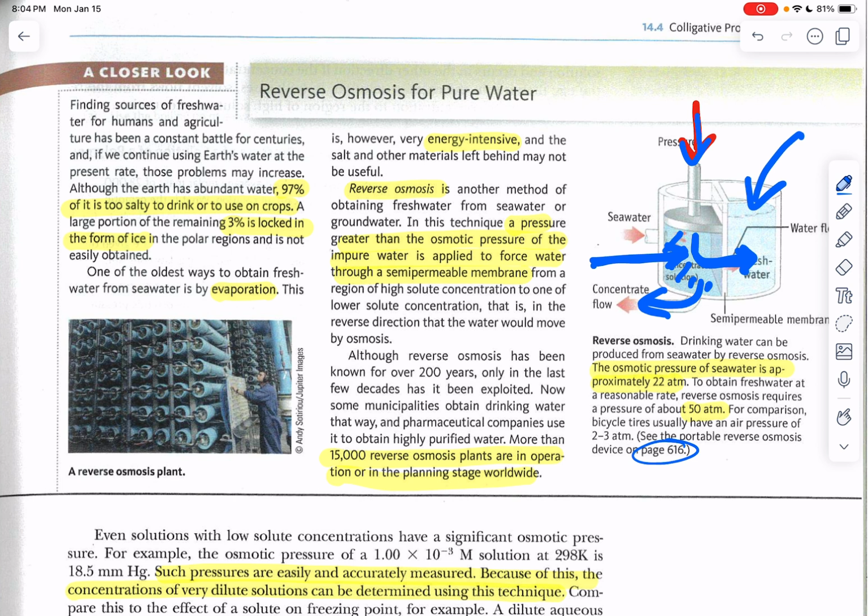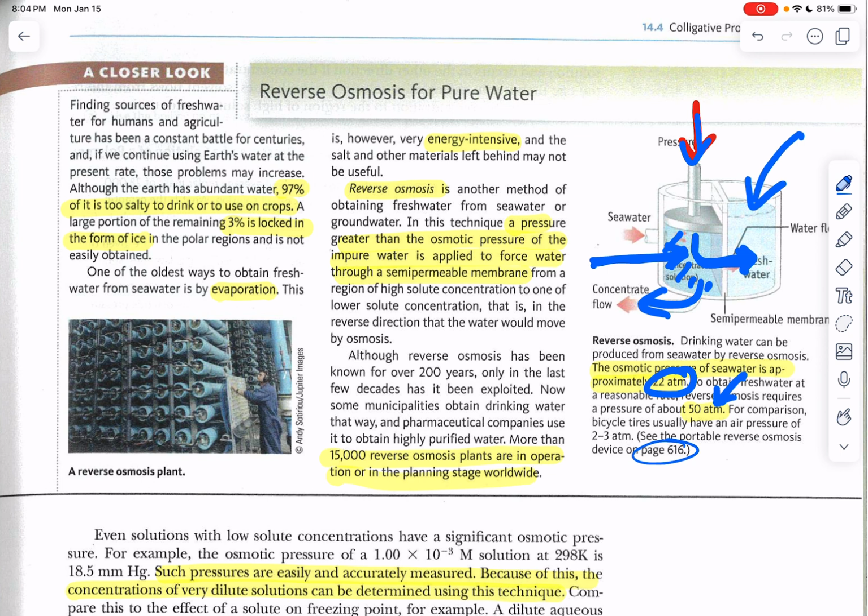Notice that the osmotic pressure for seawater is about 22 atmospheres naturally. And if you want to do this commercially, you would need a much higher pressure, 50 atmospheres of pressure, to get your fresh water.